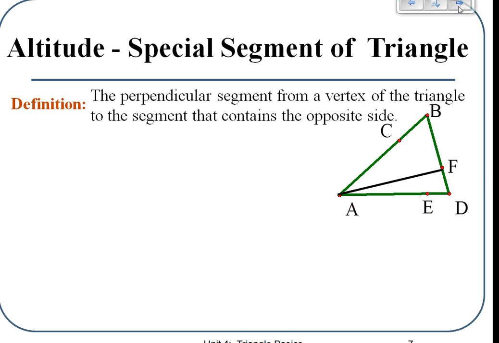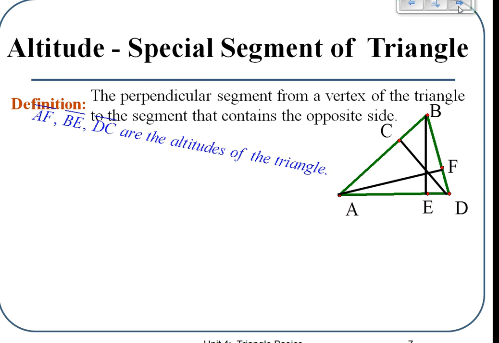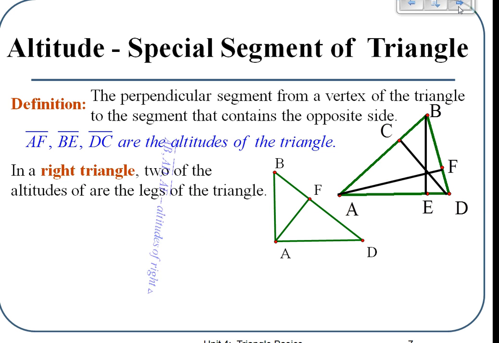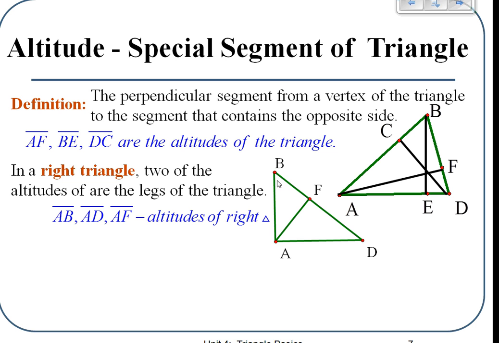So as you can see here, these are perpendicular, but in the case of a right triangle first, 2 of the altitudes are also legs, all right? This segment is perpendicular to this segment, and that goes from the vertex to the opposite side.